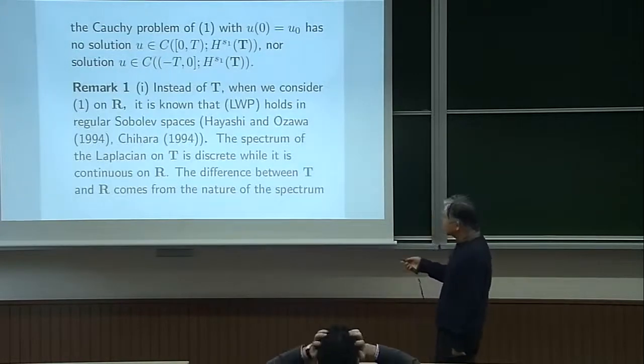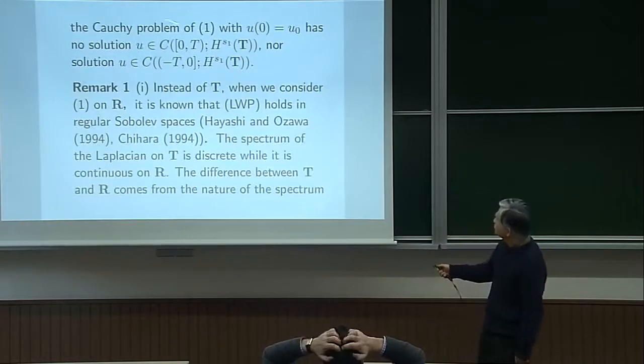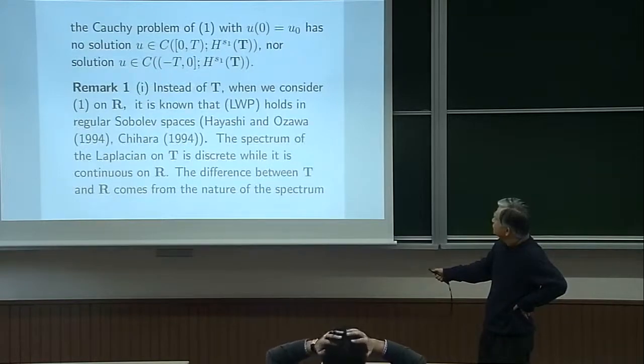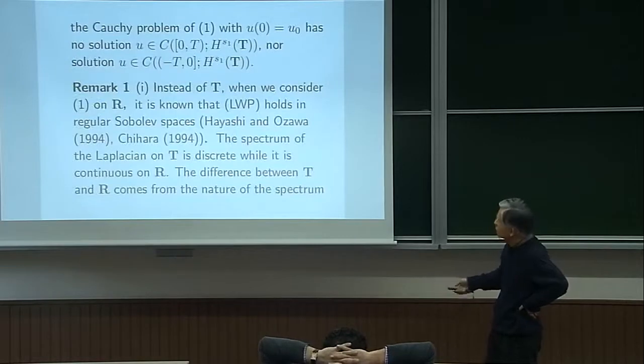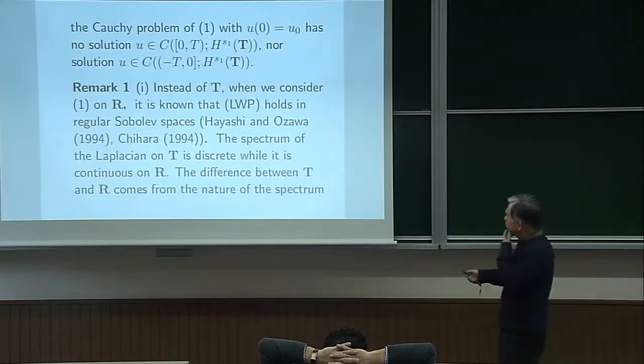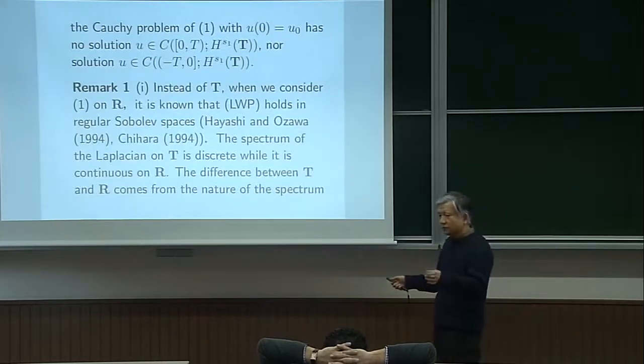I would like to mention one remark about this theorem. The first remark is that, instead of the torus T, when we consider equation 1 on R, it is known that local well-posedness holds in regular Sobolev space, so the solution exists at least for a small time.